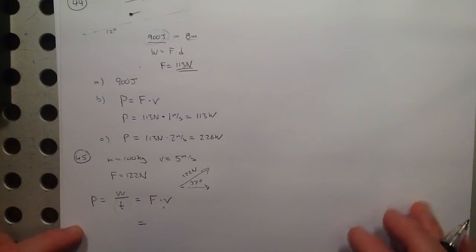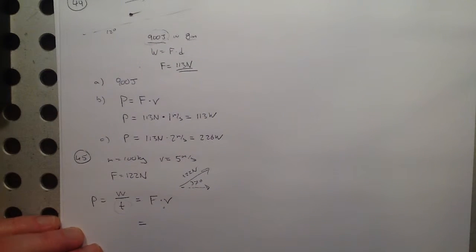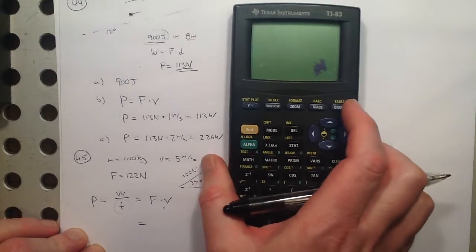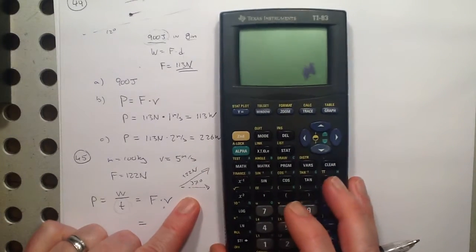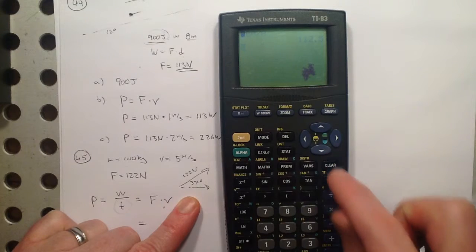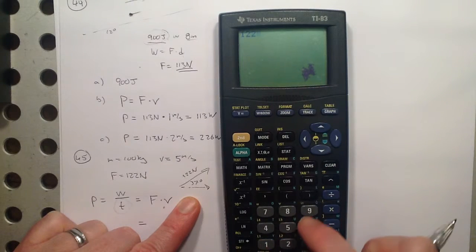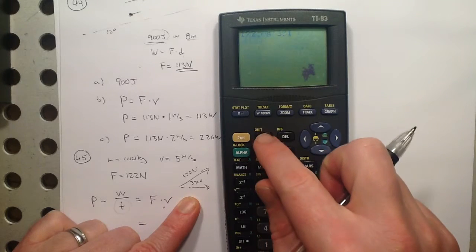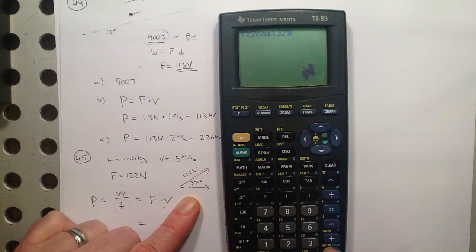So the force that's in that direction is the cosine component, right? 122 times the cosine of 37 degrees. I'm in degree mode.